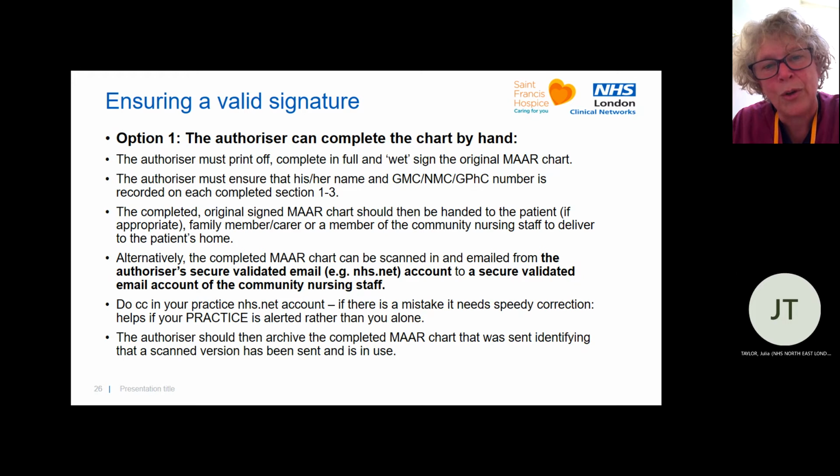It has to be from you to the recipients, which can be a group or a person. Please do CC in your own district nurse or practice base, because if there is a mistake, the recipient needs to come back to you and you may not be there anymore, so they need to be able to come back to a group for speedy correction. And then you should archive the original and just say that you scanned it and sent it to people.